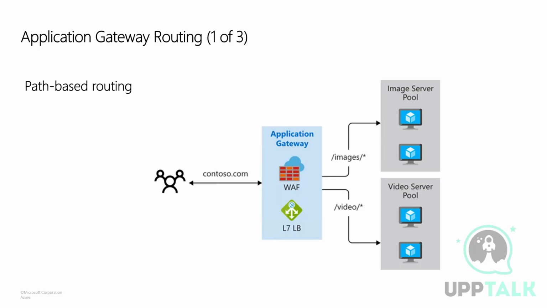Depending upon the URL path given by the user, I can redirect that to a specific set of machines. This can be done because all these requests coming in are HTTP URLs, so I can check the URL path and redirect it to a specific member.